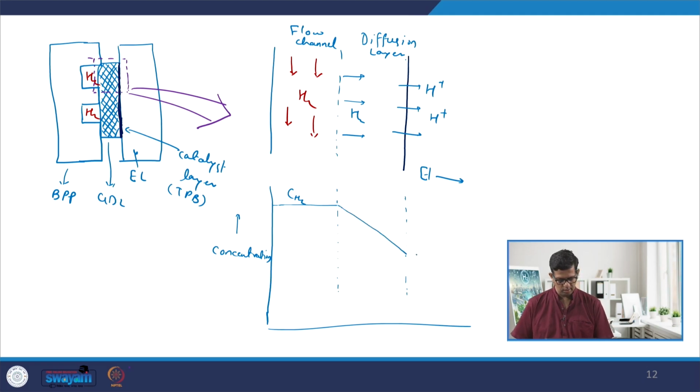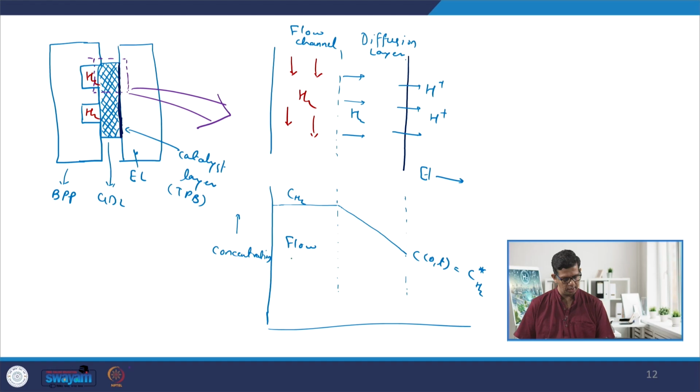So, this is the concentration that is available at the interface at a given time. We have come across this term before. Let us call this C star H2.